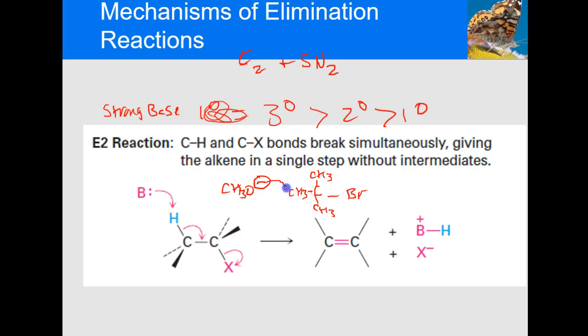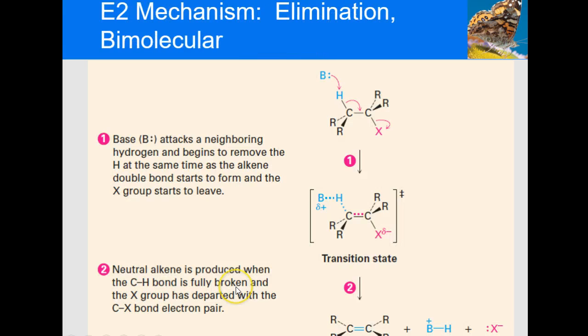So instead, it's going to pluck off one of these hydrogens and form a double bond and kick out my bromine. So that's why tertiary in E2 actually goes faster. But if you just want to say it's equal, I'm fine with that. There is no preference in this case. But this is concerted. This grabs the hydrogen, makes the pi bond, and your halogen leaves.